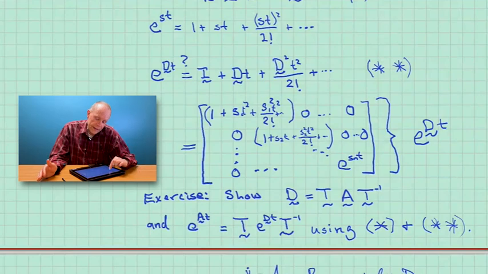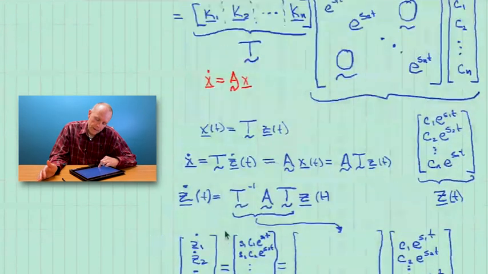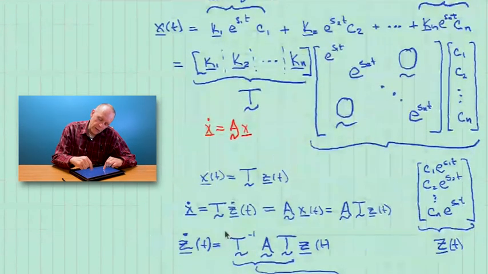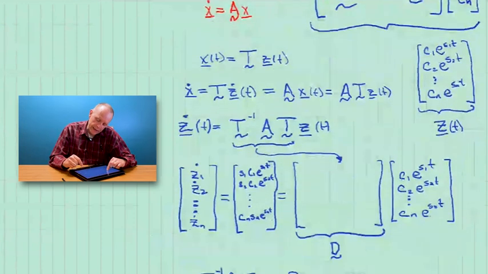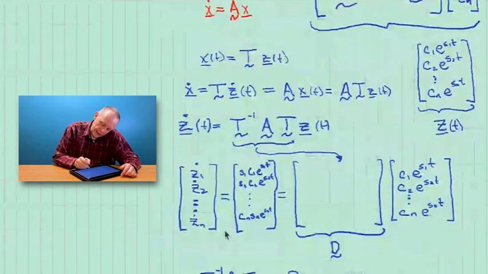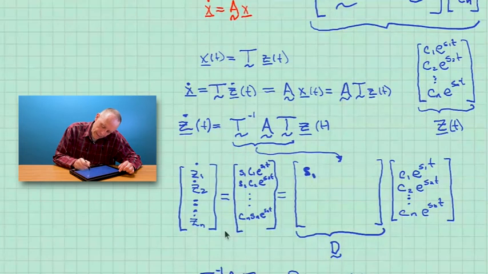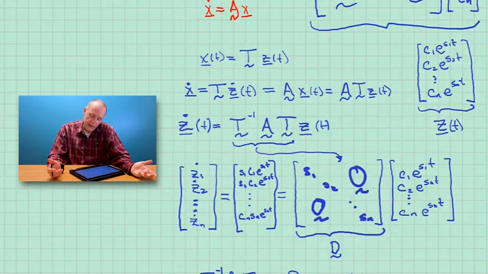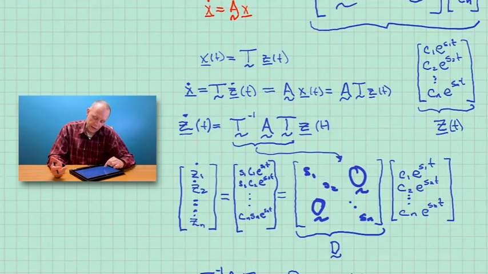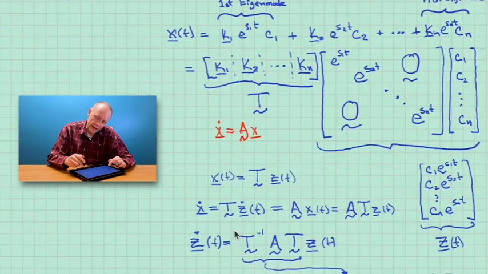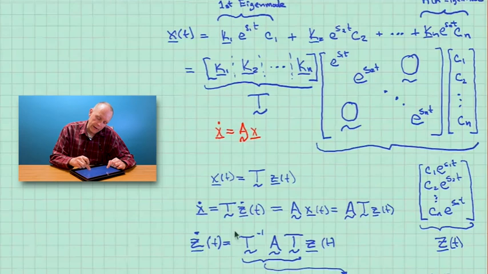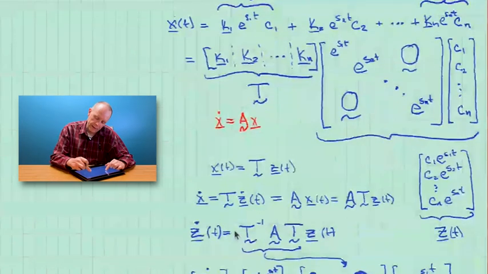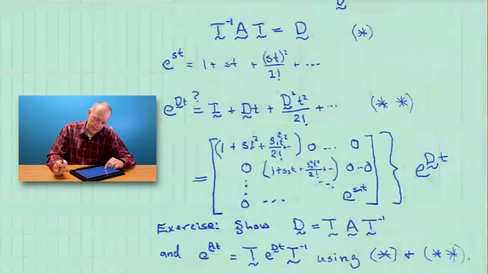So what if this matrix back up here was e to the Dt, where D was a matrix that looked like this: it would have s1, s2, down to sn along the diagonal, and all zeros elsewhere. If I tried e to the Dt, would I get the matrix on the second line right here? Let's go look and see.